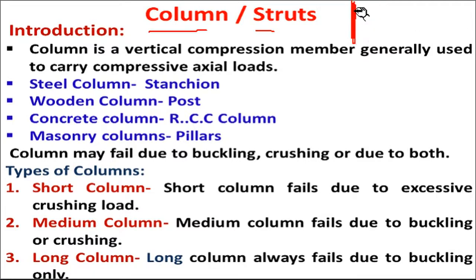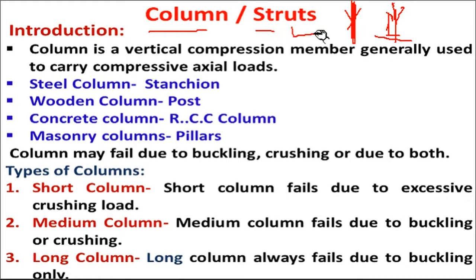So what is a column? A column is a vertical compression member generally used to carry compressive axial load. Means if this is the column, the load is acting vertically downward. This is called a compressive load because it is fixed at the base and the load is acting vertically downward. So a column is a vertical compression member.